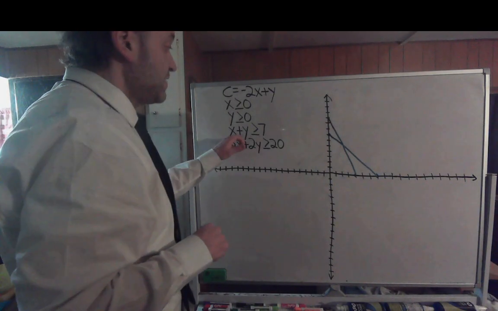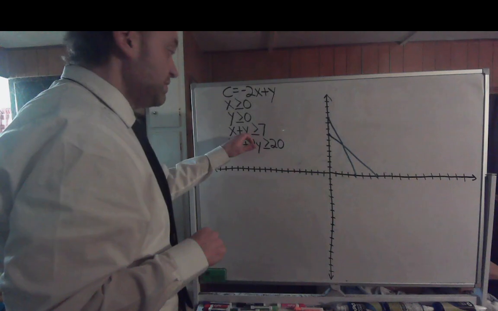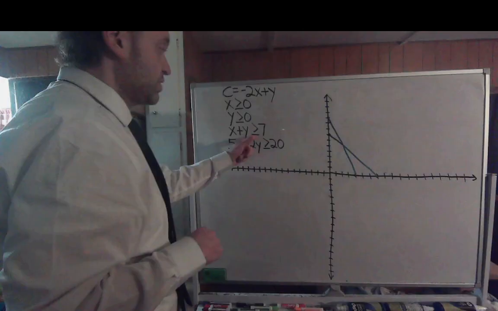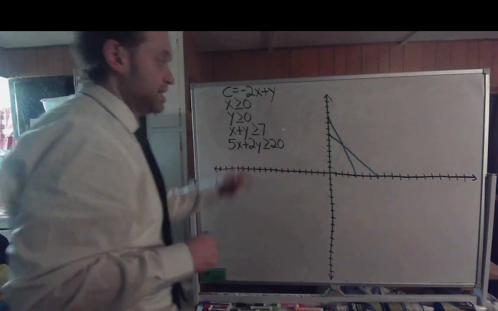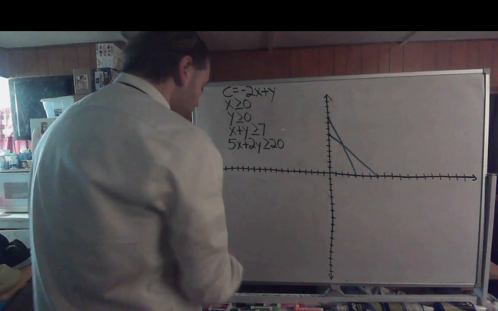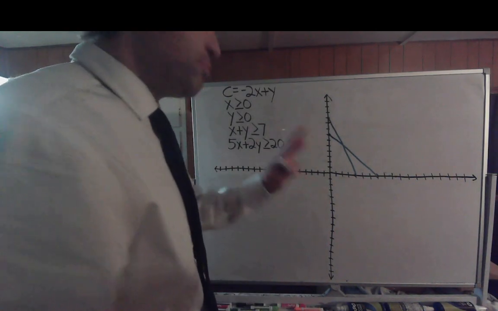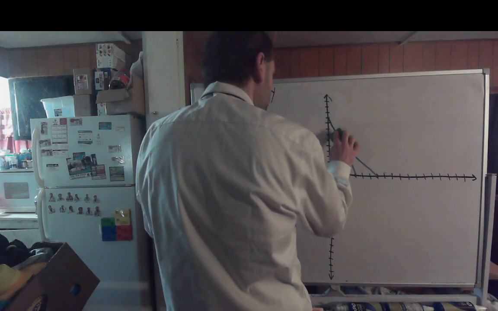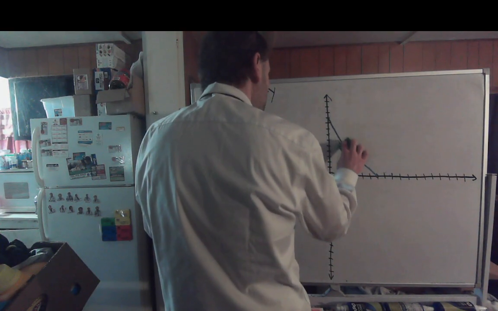And then you also have x plus y greater than or equal to 7, which would turn into y is greater than or equal to negative x plus 7. So it's going to be above both lines. If it's going to be above both lines, that means you don't need this portion of x plus y equals 7.